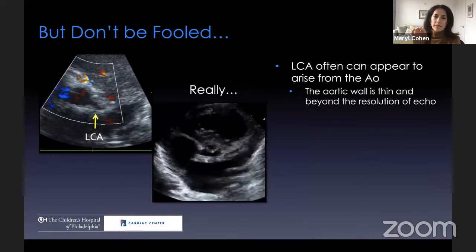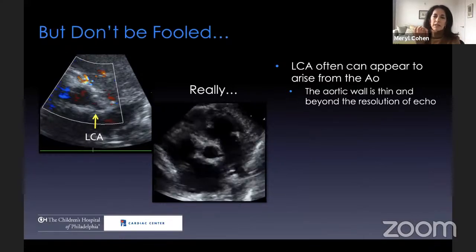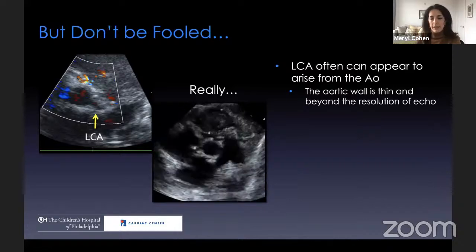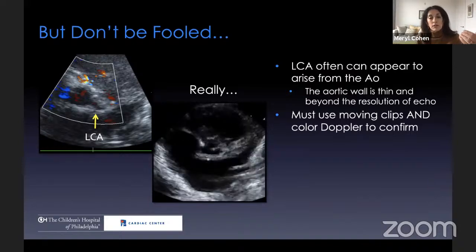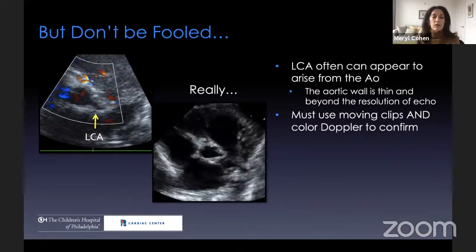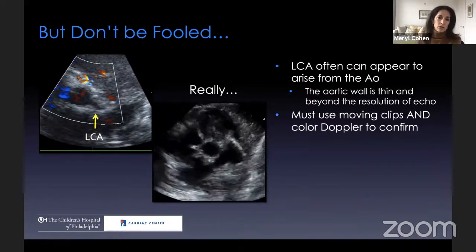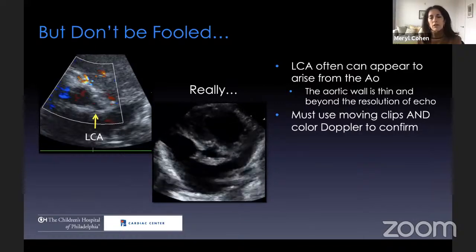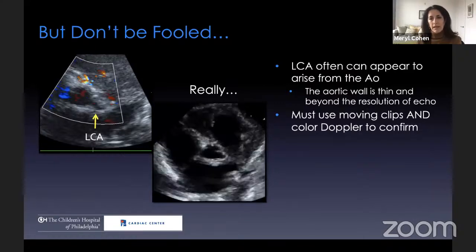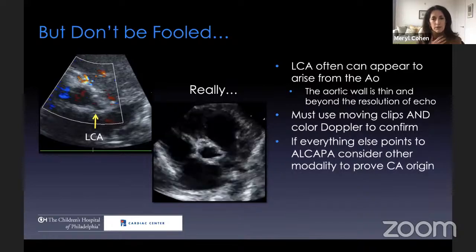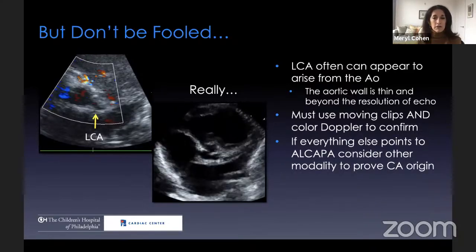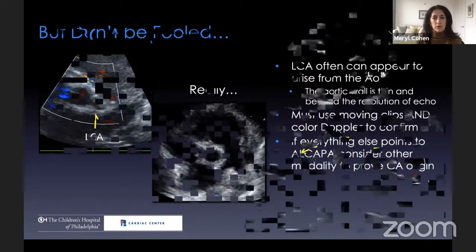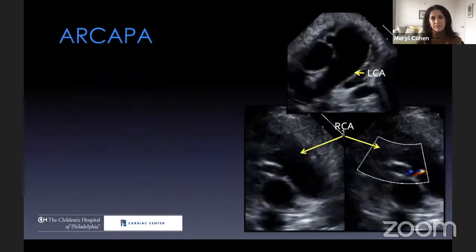And the reason why we make this error is because the aortic wall is quite thin and can be beyond the resolution of echo. And the coronary artery usually passes right by the aorta to go to its more distal normal pathway. So you must use moving clips and color Doppler to confirm this diagnosis. And again, I will say, if everything else points to ALCAPA, consider another modality to prove the coronary artery origin.